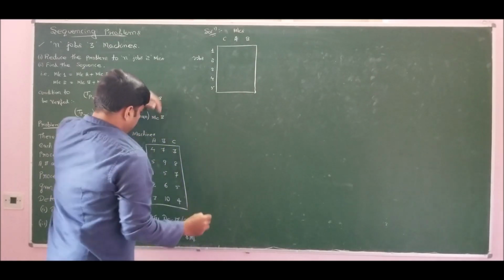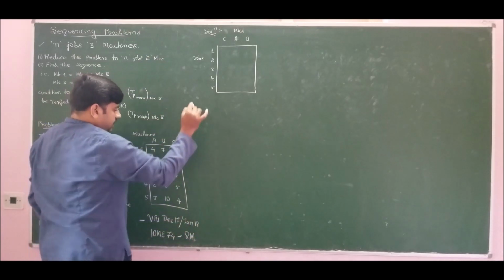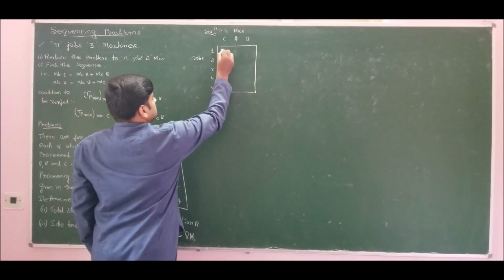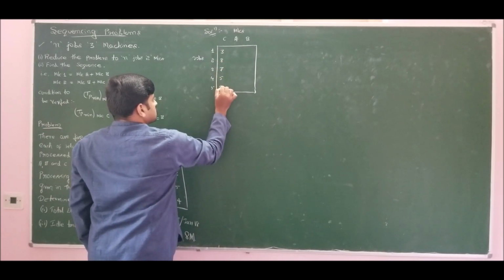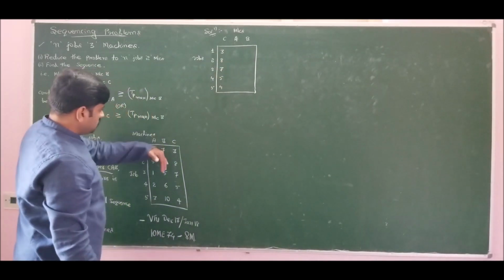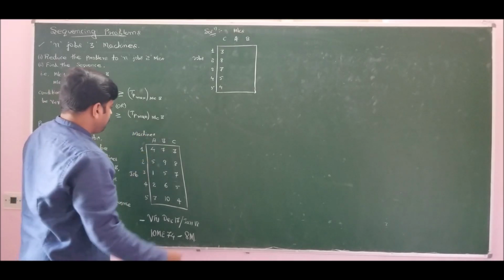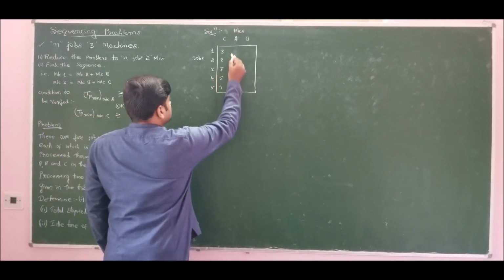So if I rearrange, column C will come first: 3, 8, 7, 5, 4. Then we have machine A: 4, 5, 1, 2, 3.